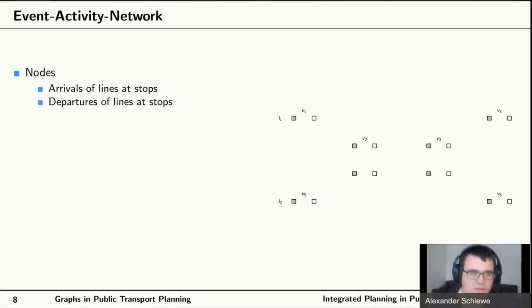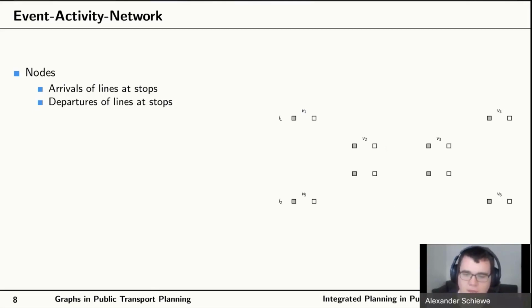The second ones are departure events. These are now representing the departures of lines at stops. So in the extreme case, here in the middle V2 again, we now have 4 events at V2, where beforehand we had just 1 single node.